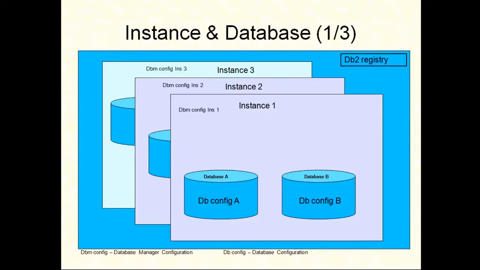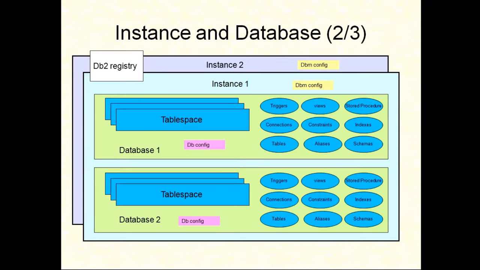Now, if you look at the database, it has different objects. Inside the database, you have table spaces, triggers, views, stored procedures, and constraints, and every database has its own unique database configuration file. So if instance 1 has 2 databases, database A and database B, then both databases will have their own database configuration file.